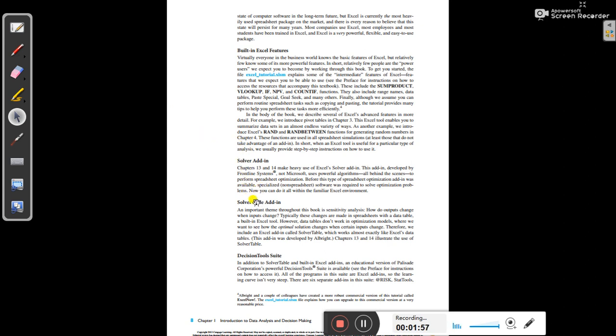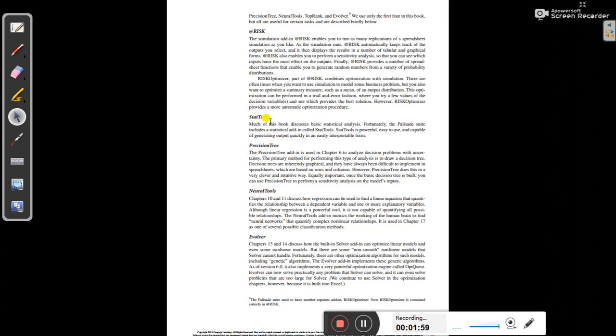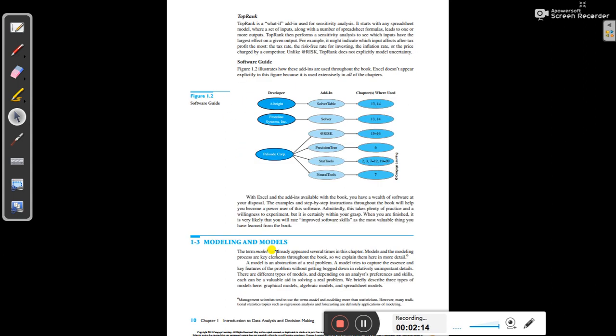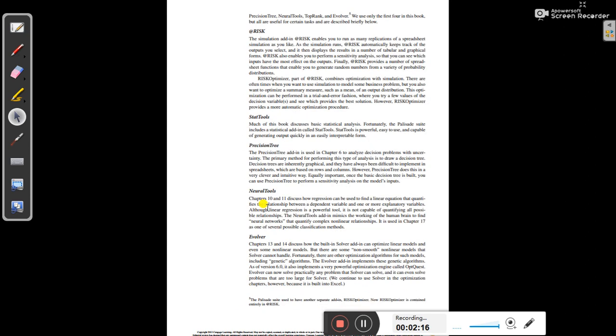There are lots of add-ins involved in Excel. A new add-in or add-on can be added, like Precision Tree, Neural Tools. So there are lots of software other than Excel also to evaluate or analyze the data or information.